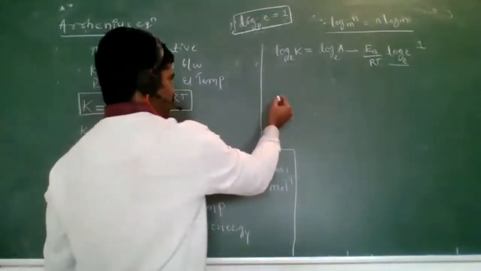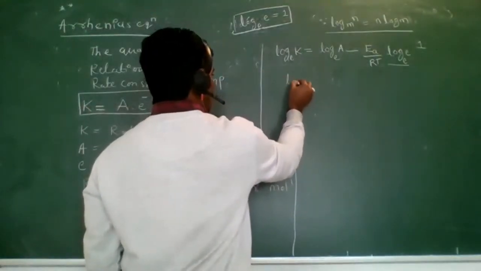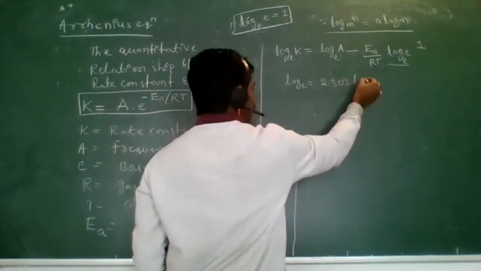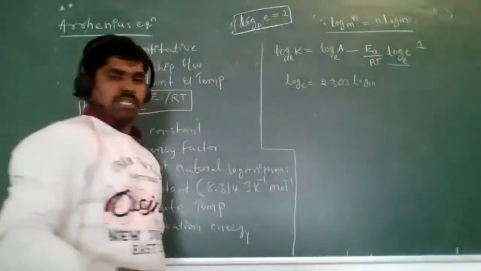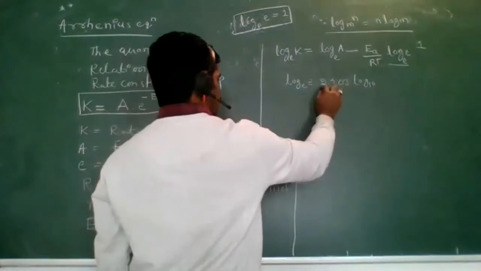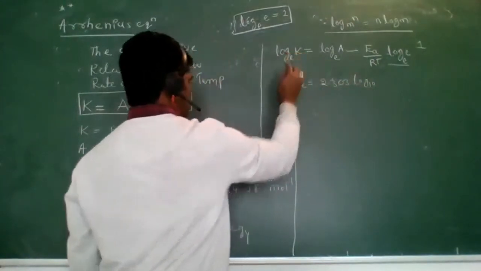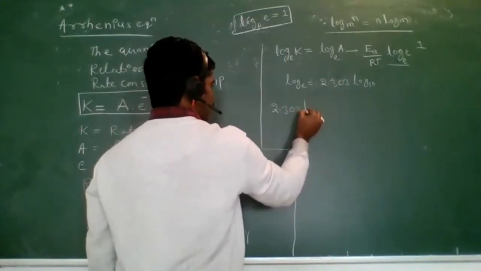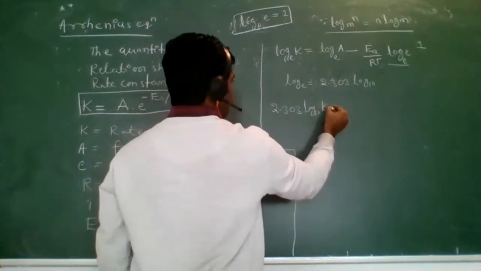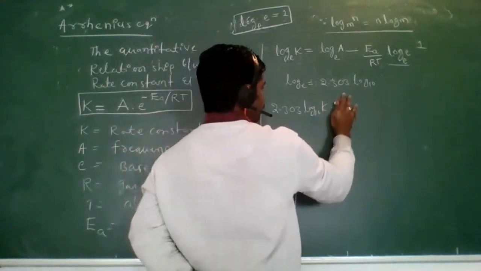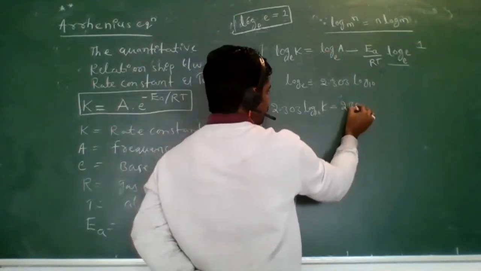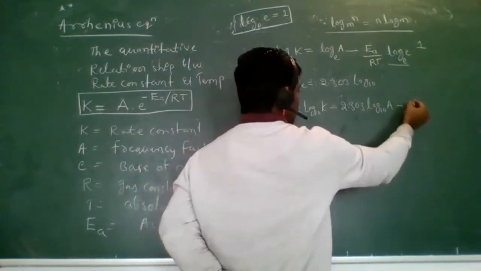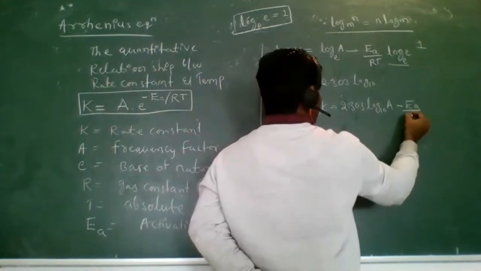Clear? Right, now write down here log base e equal to 2.303 log base 10. Is that clear? I apply this 2.303 log base 10 in this place. So 2.303 log base 10 k is equal to 2.303 log base 10 A minus Ea by RT.